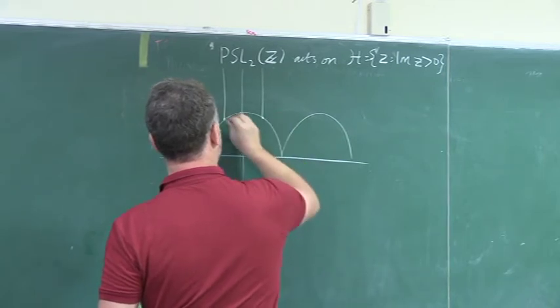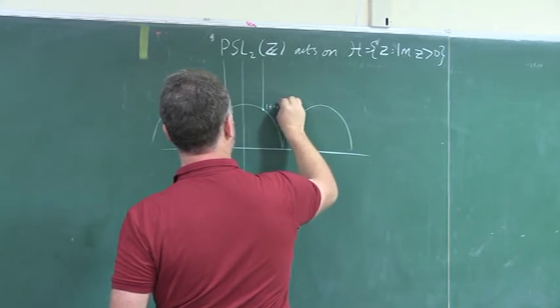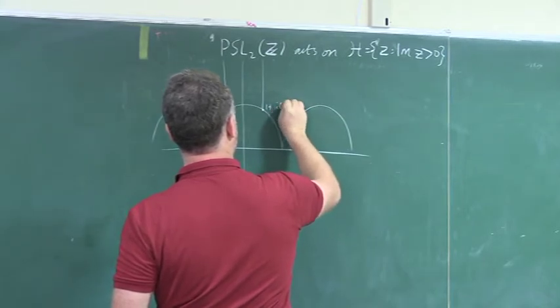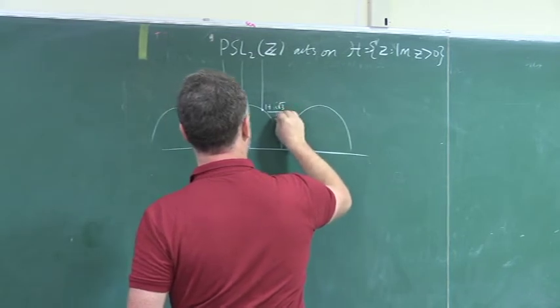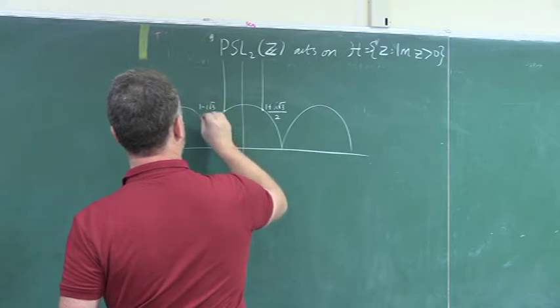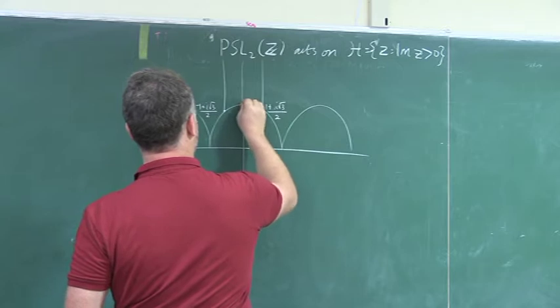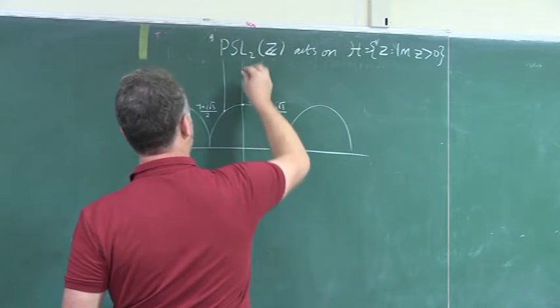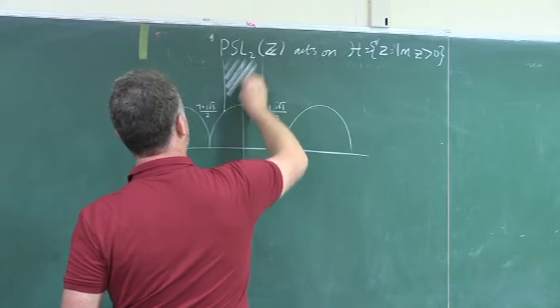This is 1 plus e squared, 1 plus e squared of 3 over 2. This is 1 minus e, minus 1, plus i, I think 2. And this is precisely the point i. And a fundamental region for this action is this region.